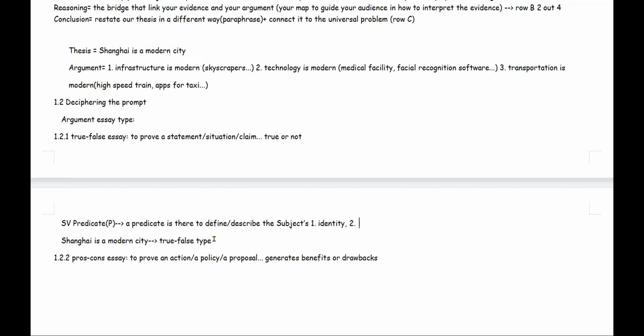Number two, characteristics. Number three, state.